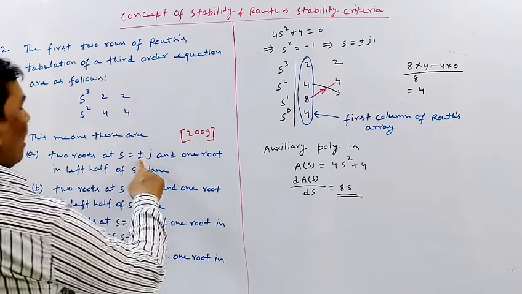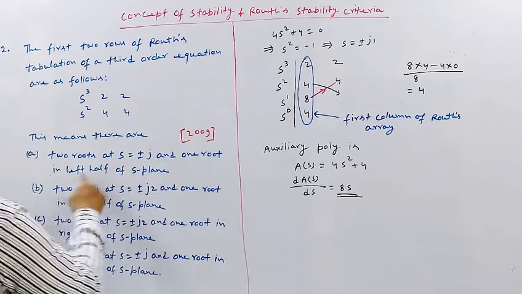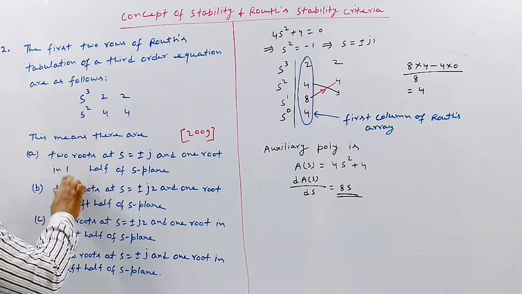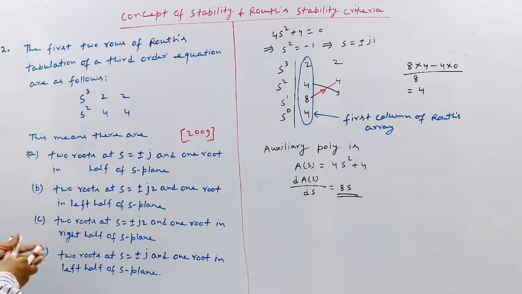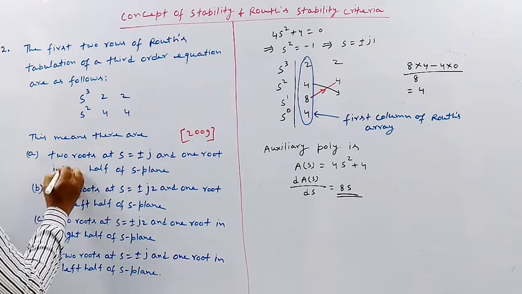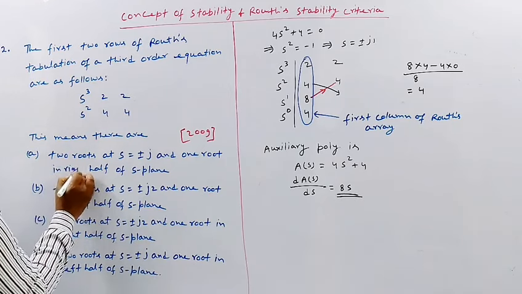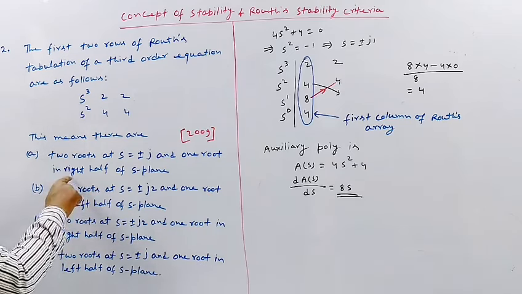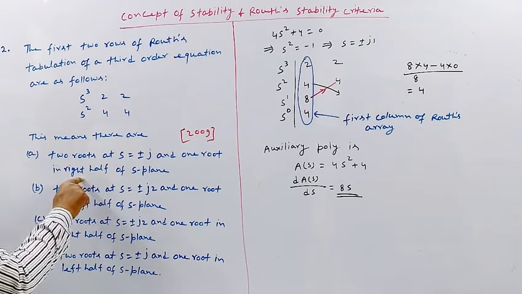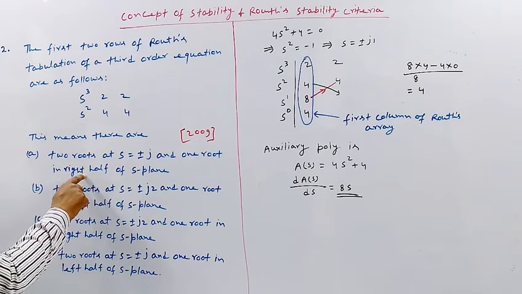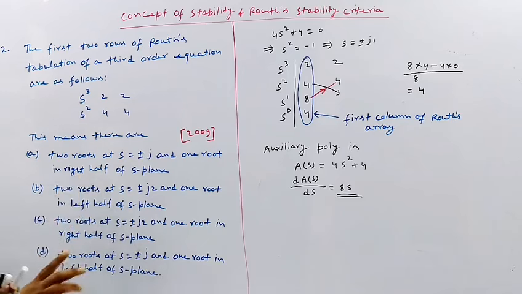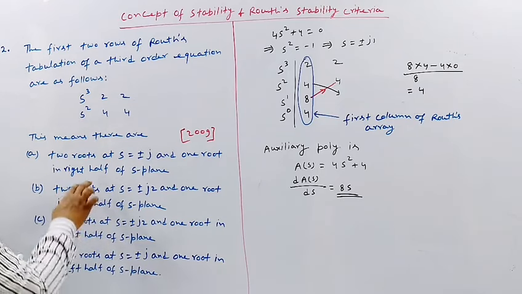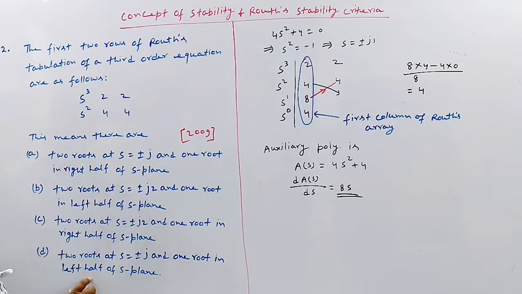2 of the roots are at plus minus j and 1 root in right, in place of left. If we write it in right, then there will be only one option correct, and that option will be option number D. So if we make right in place of left, then this option will also be incorrect. Why I have made this change? Because both A and D are same.